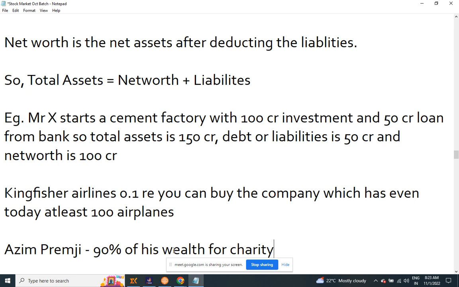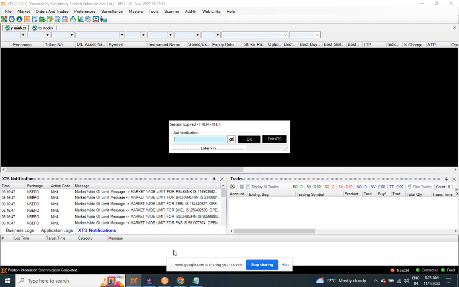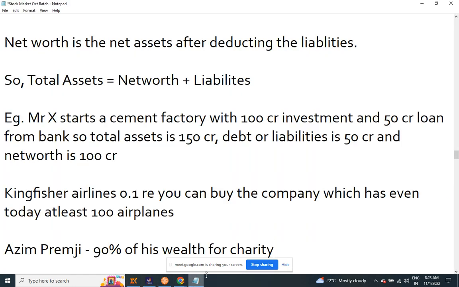What will he eat? Tell me. He himself has committed his personal 90% wealth for charity. He was once the richest person in India. So that is how the company has to be. That is how the management must be. Then we can blindly trust the company. Tomorrow, if Azim Premji starts a new company, I would be rushing to buy it.